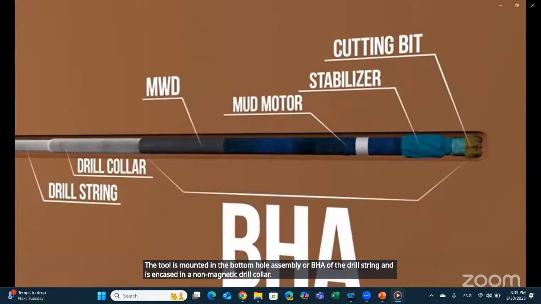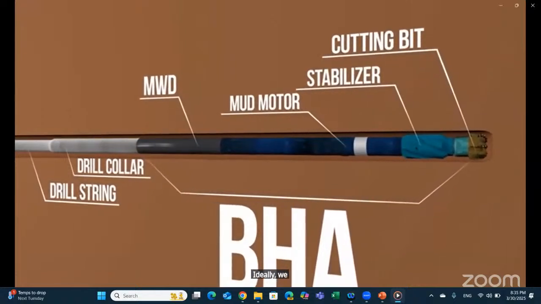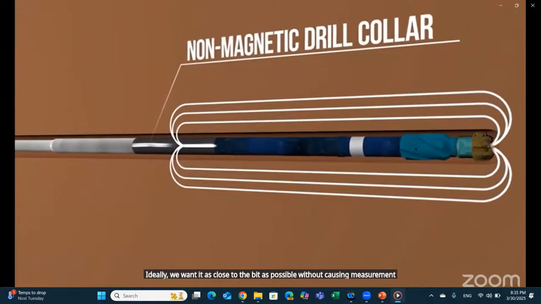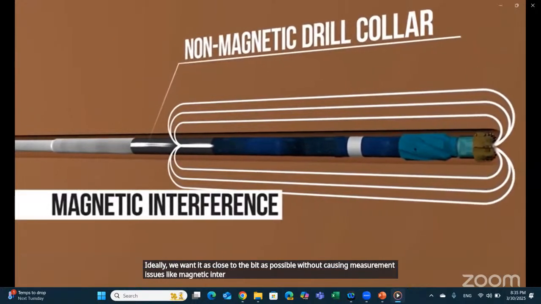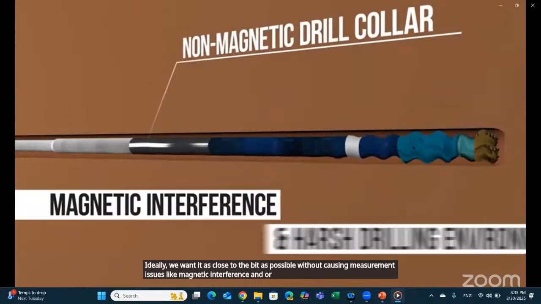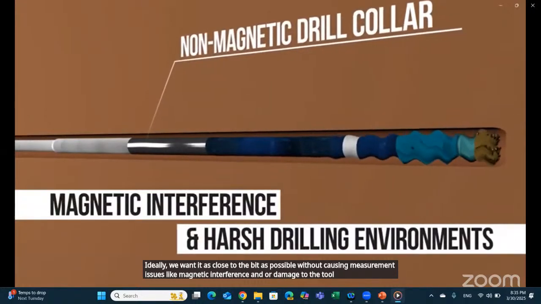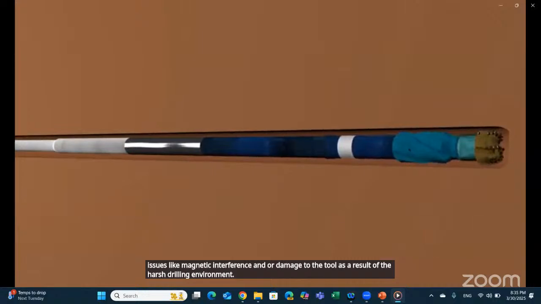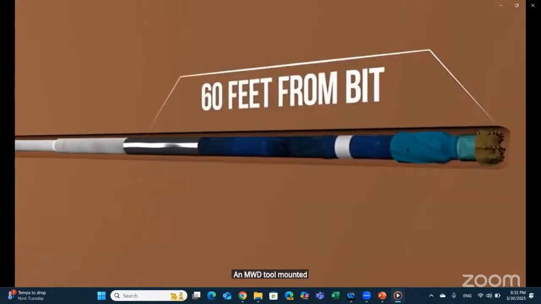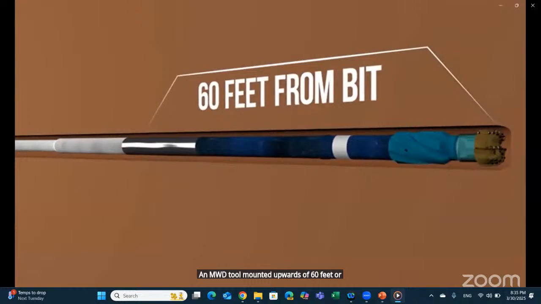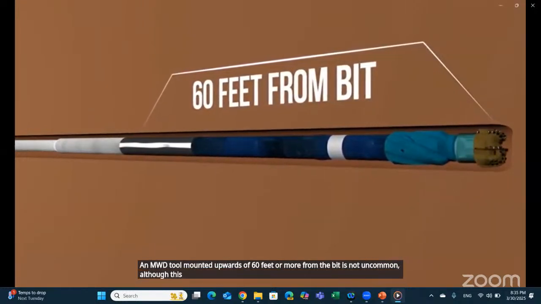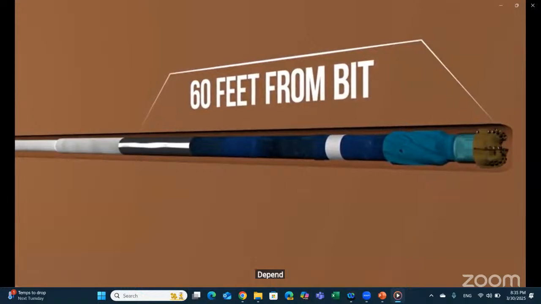Ideally, we want it as close to the bit as possible without causing measurement issues like magnetic interference or damage to the tool as a result of the harsh drilling environment. An MWD tool mounted upwards of 60 feet or more from the bit is not uncommon, although this varies widely depending on drilling operations.